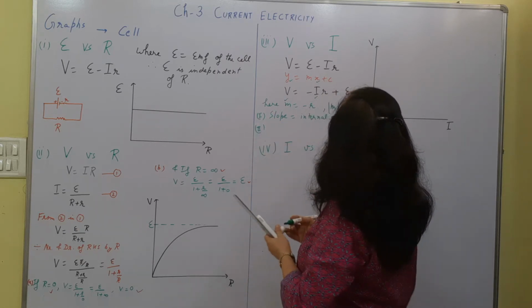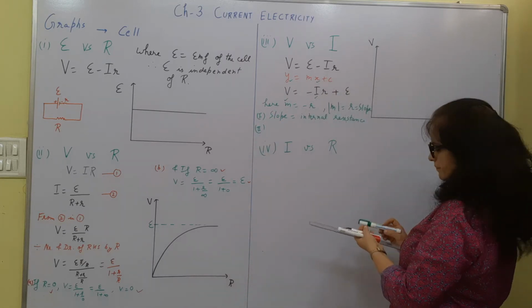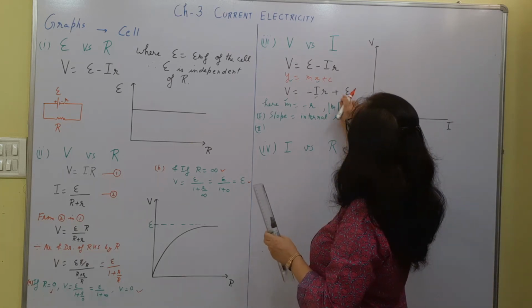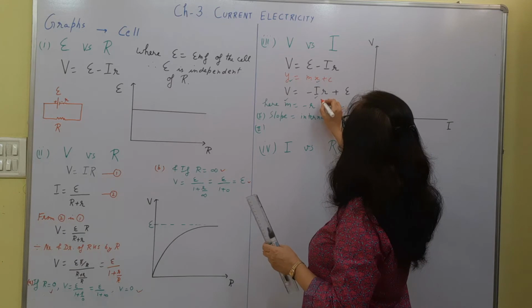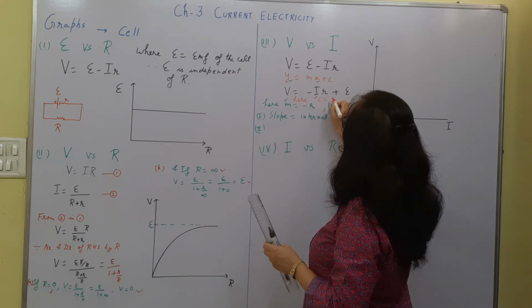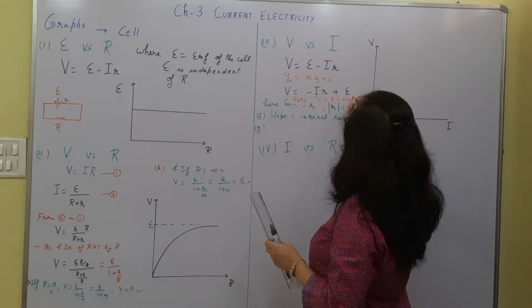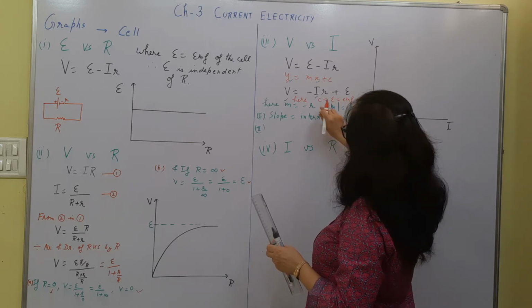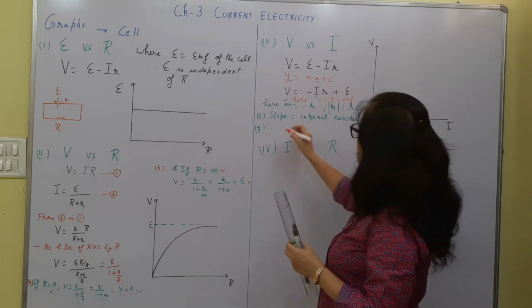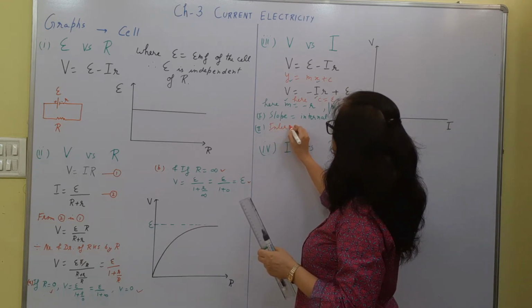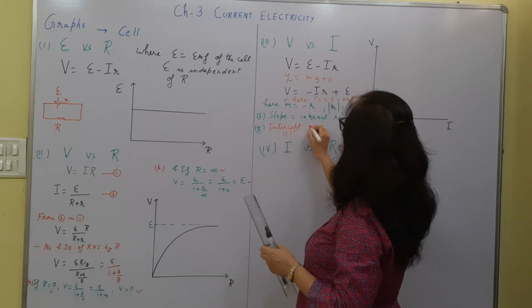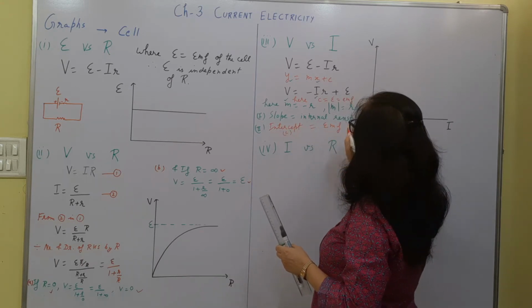And second, what is this over here? Intercept is E. So C is the EMF. This is the intercept. So we can say the intercept C is EMF, right?